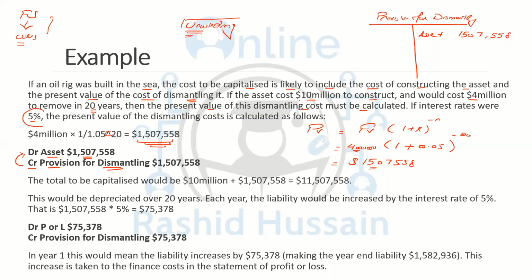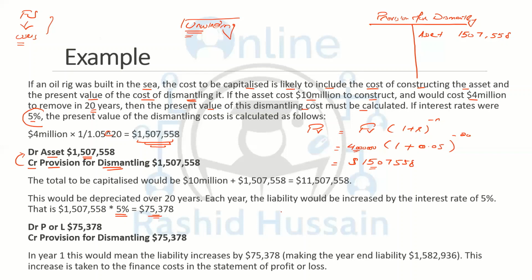Now, how is that being done? You're going to take this present value 15,07,558, and at the end of the first year, you're going to multiply it by 5%. This will give you the figure of 75,378.